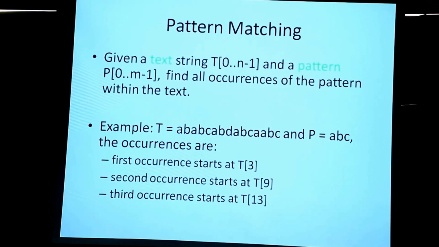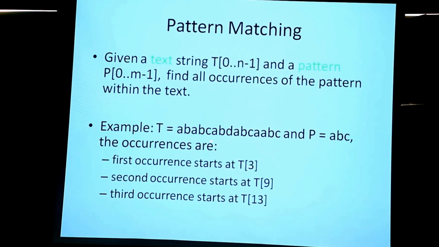So for example, if T is as shown here, the string that we are searching, and the pattern we are looking for is ABC, then ABC occurs in T at several places. One is this, another is this, and another is this. The first occurrence starts at T3, which is 1, 2, 3.